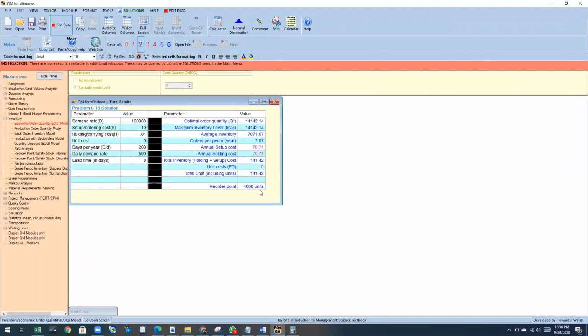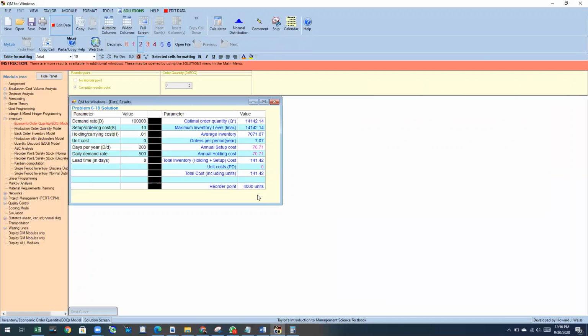The reorder point here is 4,000 units. That is the reorder point. So when we have 4,000 units, that is the time that we have to order, knowing that while waiting for this order to arrive, there are 8 days. 8 days multiplied by 500 a day is 4,000.